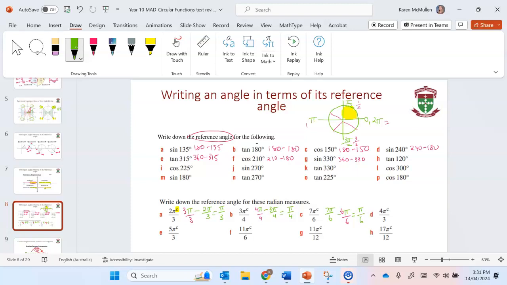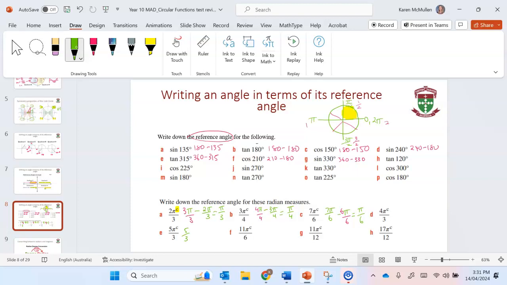All right, let's have a look at h, because h is slightly harder. Oh, so is f or an e. Okay, let's do e. So 5 pi on 3. Again, if you're struggling to recall which quadrant that is in, just think of it as 5 on 3. So 5/3 is bigger than pi.